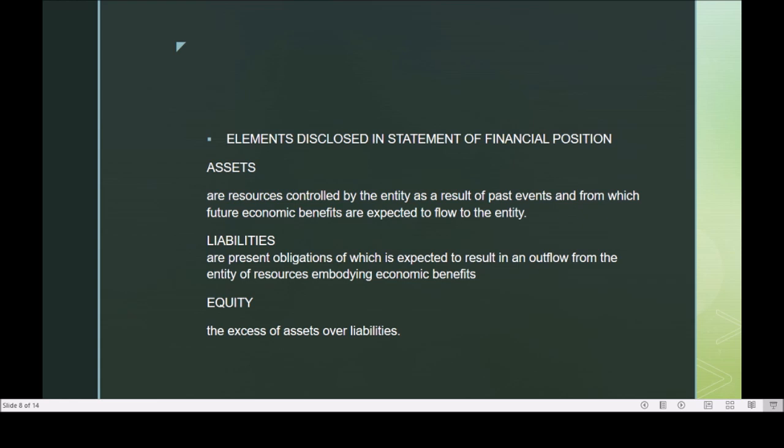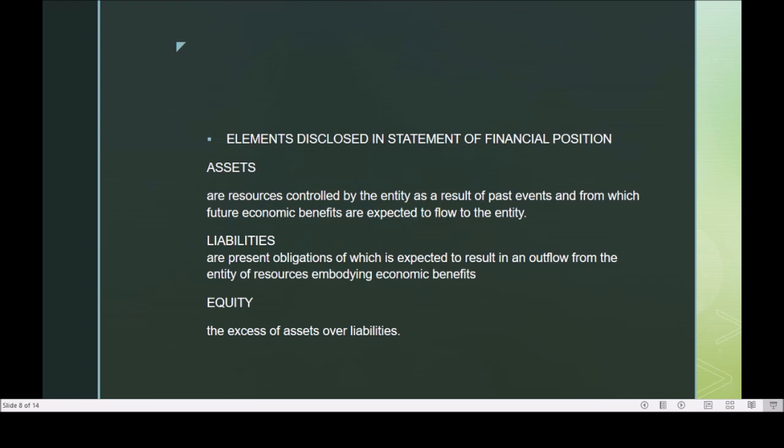The statement of financial position discloses the following elements. We have the assets, the liabilities, and the equity. The assets, these are resources controlled by the entity. Again, pag sinabing assets, these are controlled by the entity. It does not mean na pag you own it, that's your asset already. It requires that you control that particular asset as a result of past events.